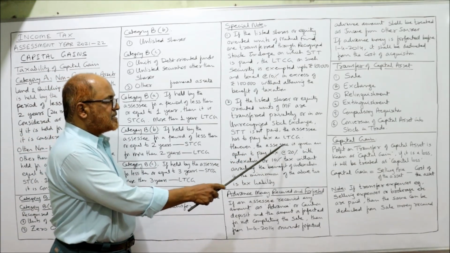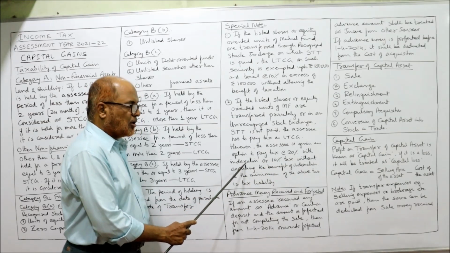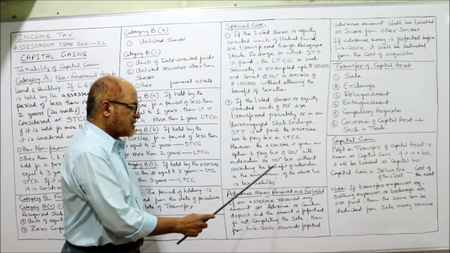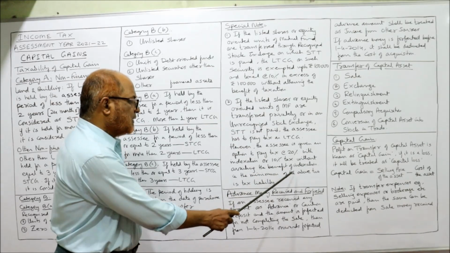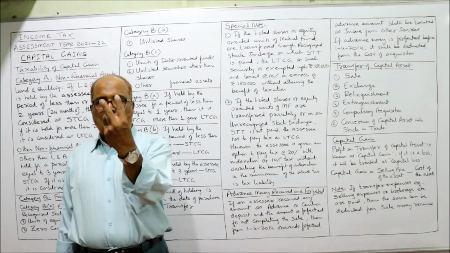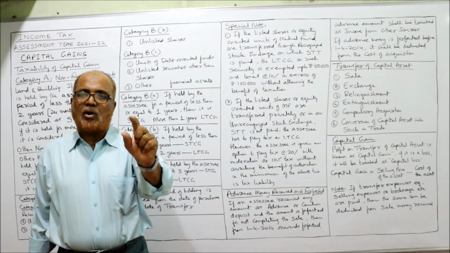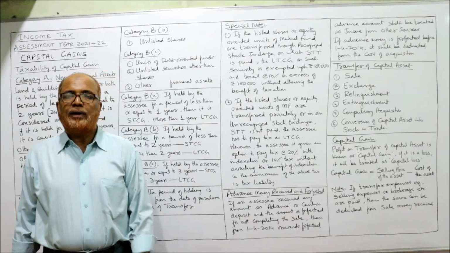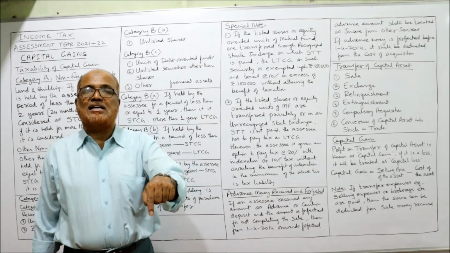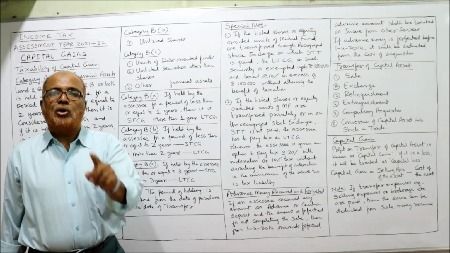However, the assessee is given an option to pay 20% with indexation or 10% without availing the benefit of indexation. That is, the minimum of the above two is the tax liability. In this case, the assessee is given two options. One option, 20% of tax on LTCG with indexation. In the next video, I'll discuss indexation.